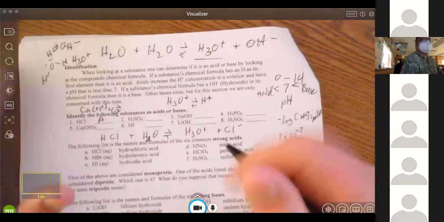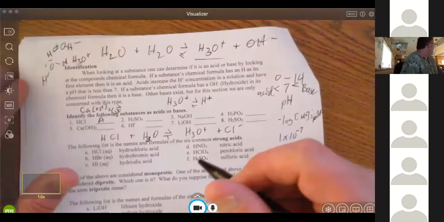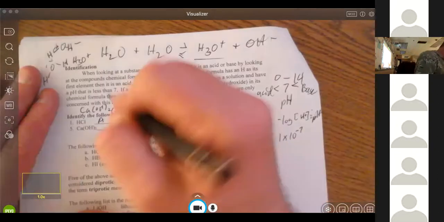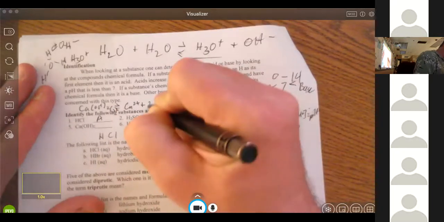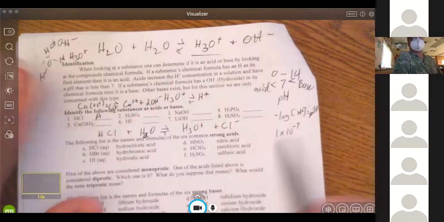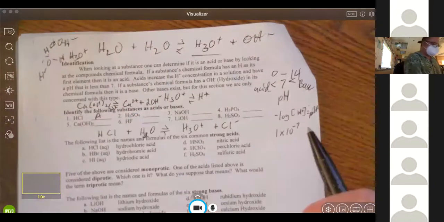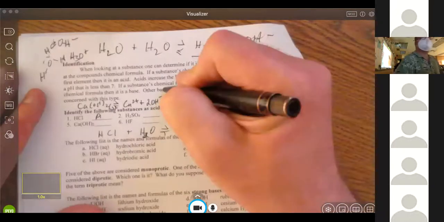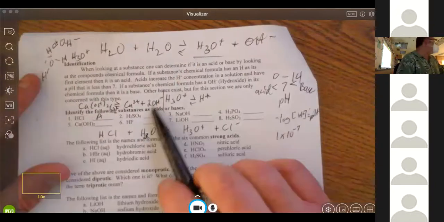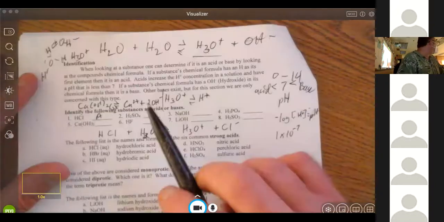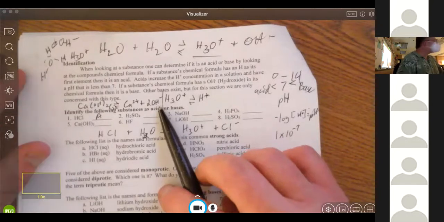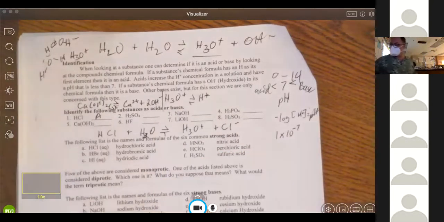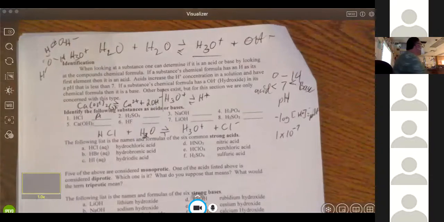Ca 2 plus and 2 OH minus. You get Ca 2 plus and 2 OH minus. So what did we just increase? The amount of hydroxide. That's that solubility thing from the last unit, when we take the cation and anion and separate them.